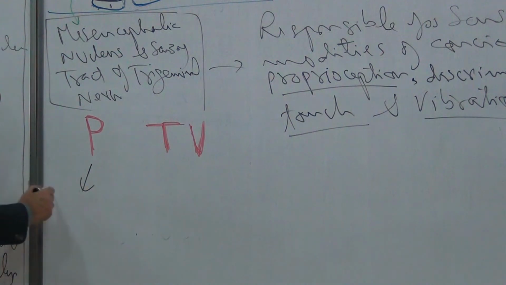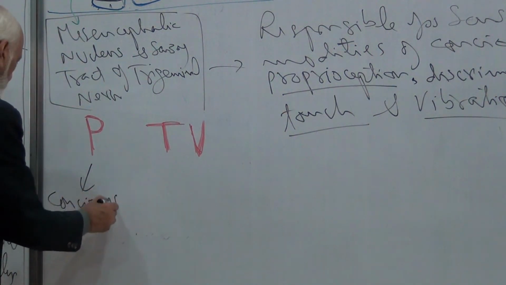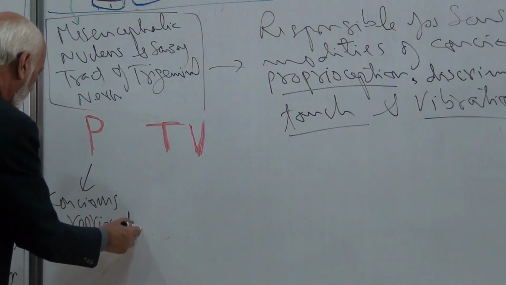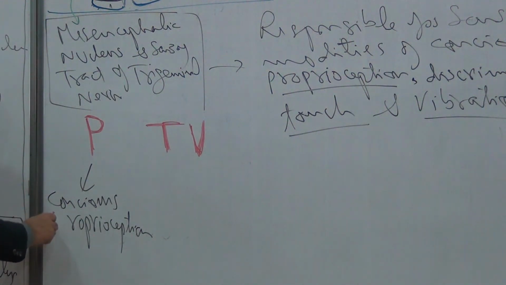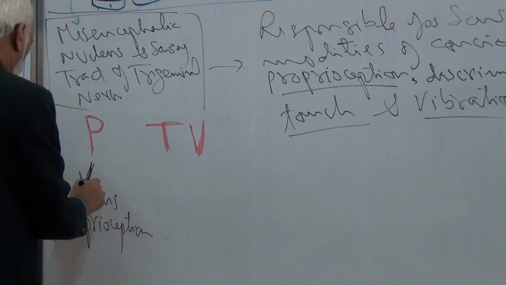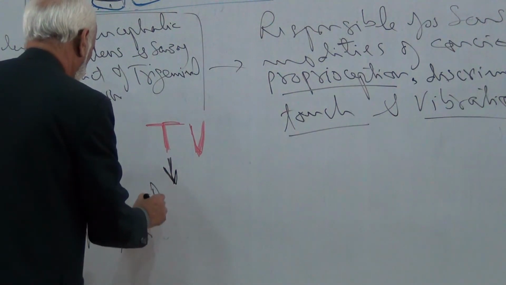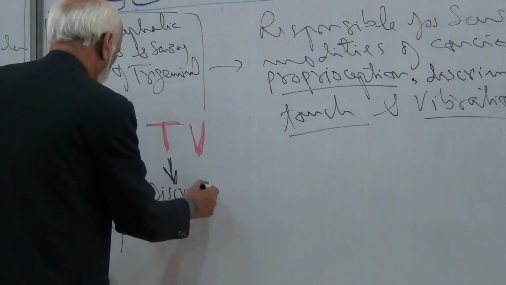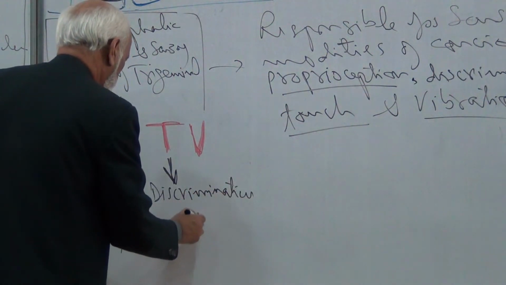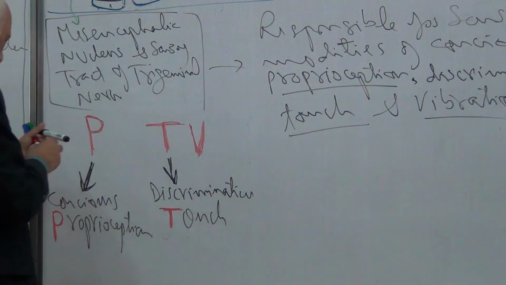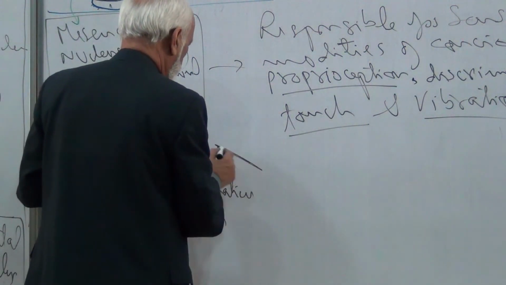P for conscious proprioception, T for discriminative touch, and V for vibration.